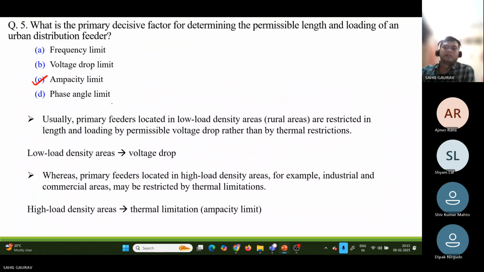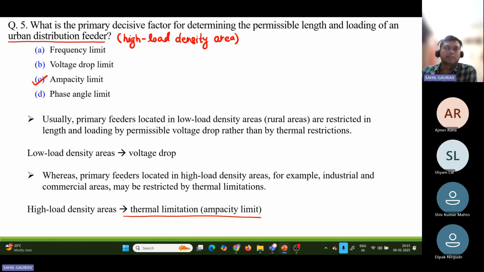For the high load density area, this urban distribution feeder comes under high load density area. And high load density area means you have to consider the thermal limitation or ampacity limit.